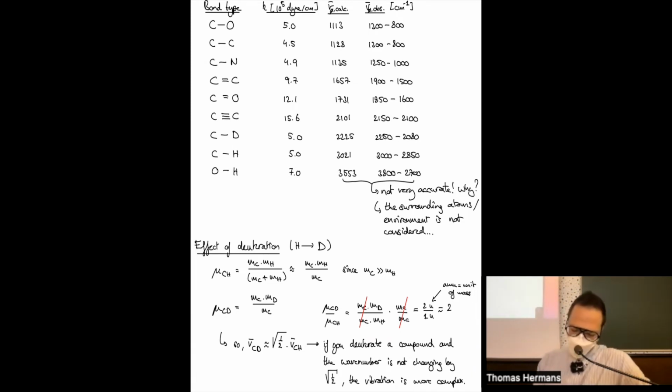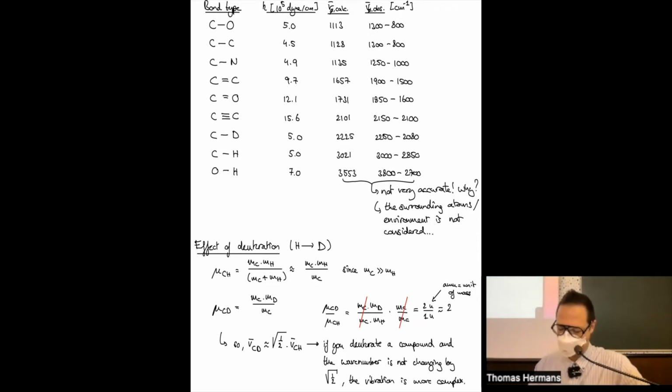Okay, so if we look at the wave number for carbon deuterium, it should be square root of 1 over 2 times that of carbon hydrogen. So what does that mean?